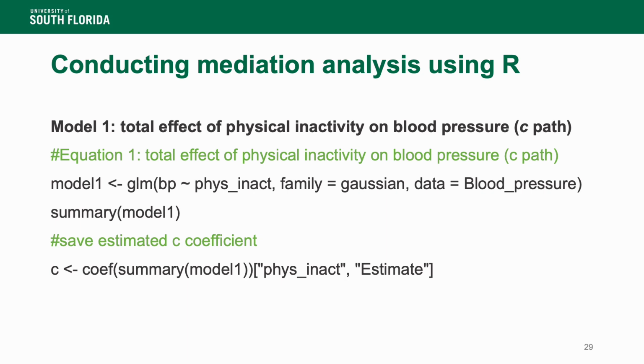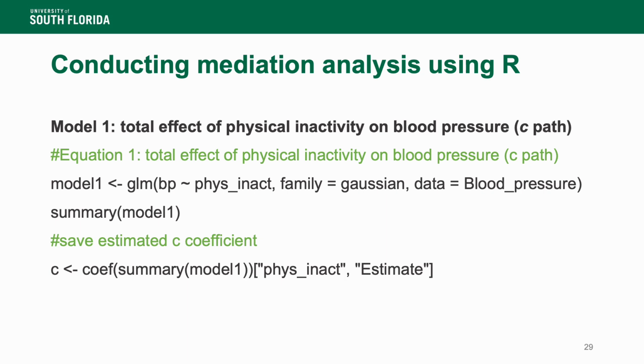In this case, our dependent variable is blood pressure, which was called BP in our dataset. Then the dependent variable is followed by a tilde. After the tilde, we specify our independent variables. In this case, we only have one independent variable. Our independent variable here is physical inactivity, which was called phys_inact in our dataset.